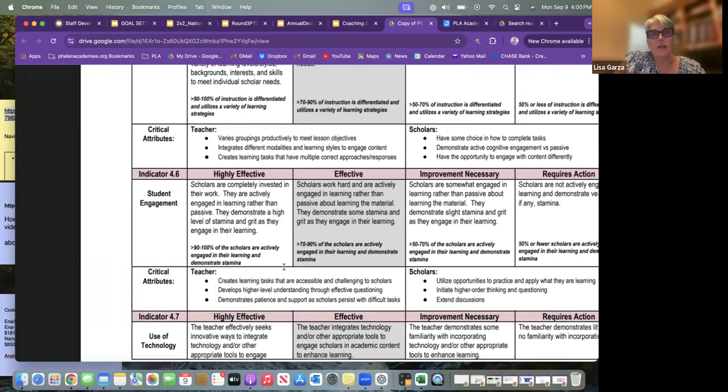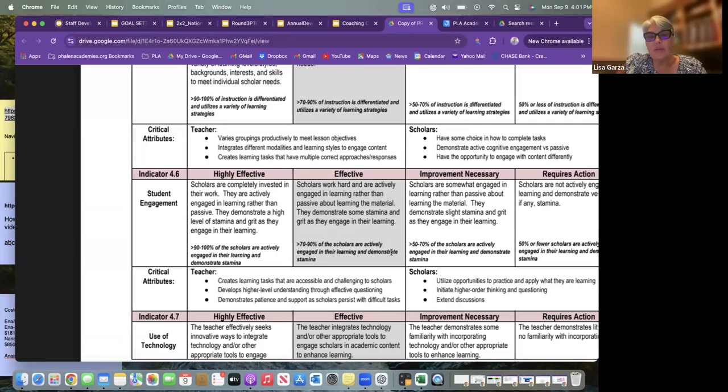So we talked about that a coach will go in from 10 to 12 minutes, and they're looking for student engagement, as we showed in that video. The coach is looking to see that 70 to 90% of the scholars are actively engaged in their learning and demonstrate stamina, right? It says that the scholars work hard and are actively engaged in learning rather than passive about the learning material. They demonstrate some stamina and grit as they engage in their learning.